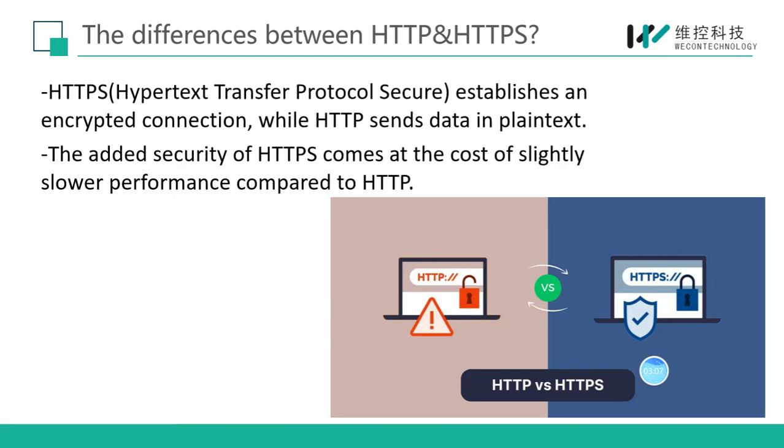So what are the differences between HTTP and HTTPS? HTTPS is a secure protocol. It establishes an encrypted connection, while HTTP only sends the data in plain text. So it is more secure with the S protocol.